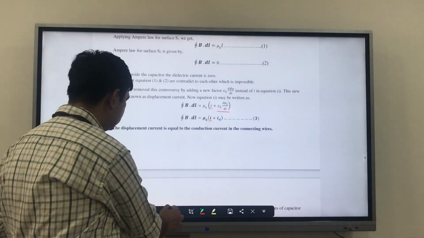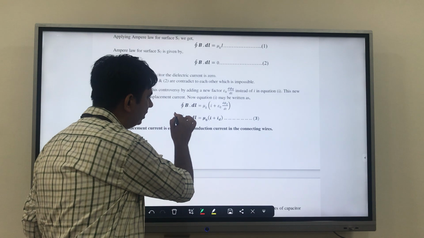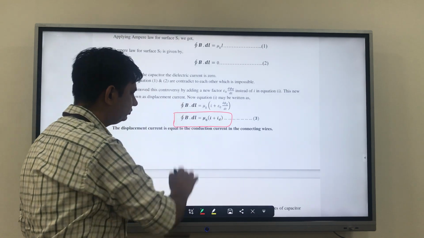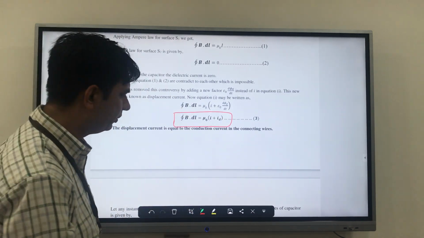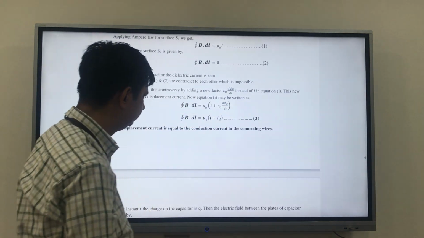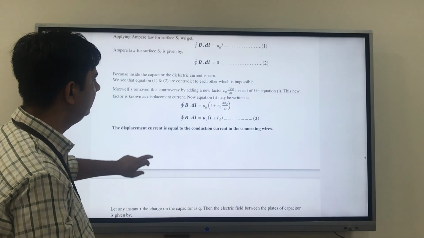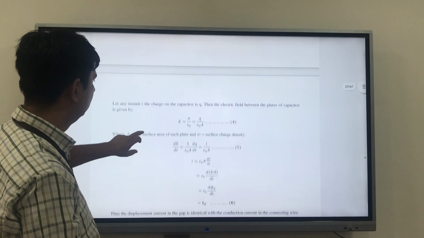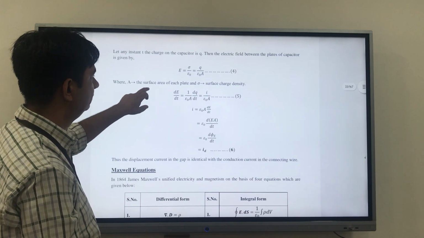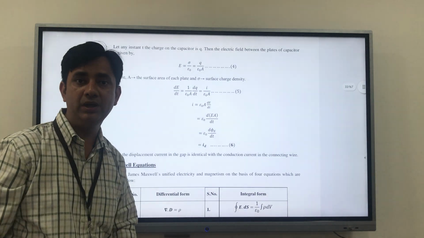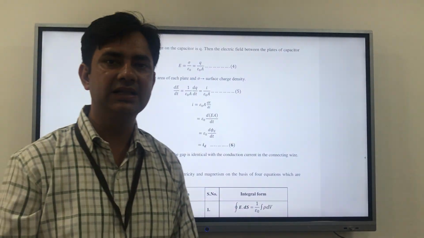So he gave us a third equation, and now the displacement current is equal to the conduction current. Now he wants to prove that what he is saying is the correct thing.